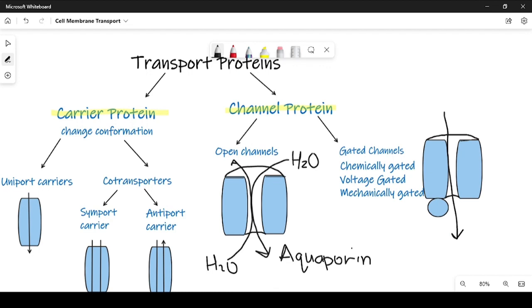However, when the cell does not need the molecule, it asks the transporter to shut closed so that the molecule doesn't enter through the transporter. Or if it doesn't want the molecule to leave, it will shut it closed. So molecules cannot enter the closed gates. The gated channels are highly regulated.